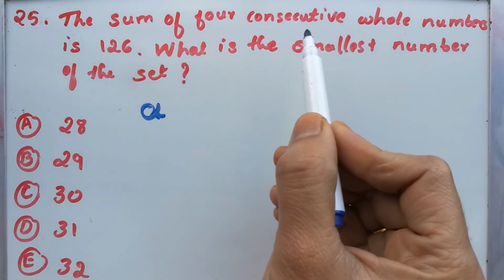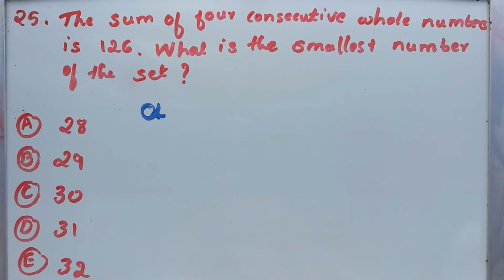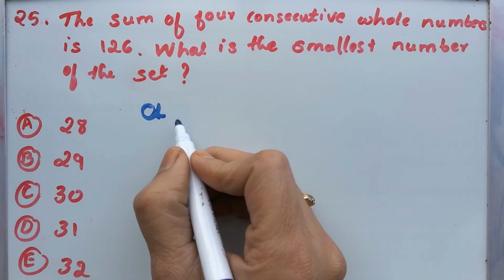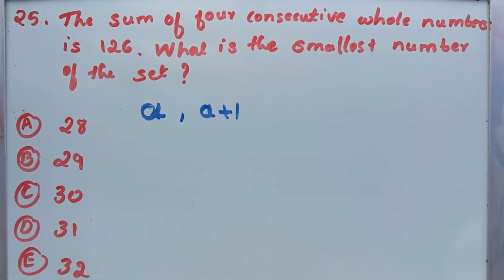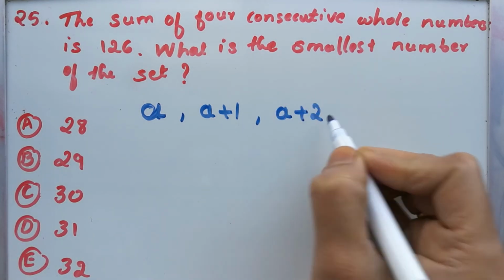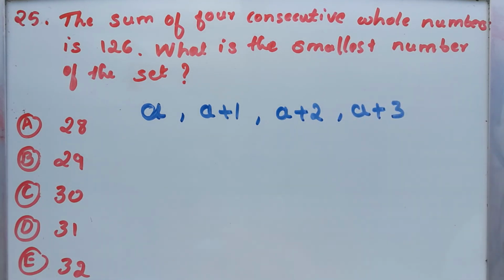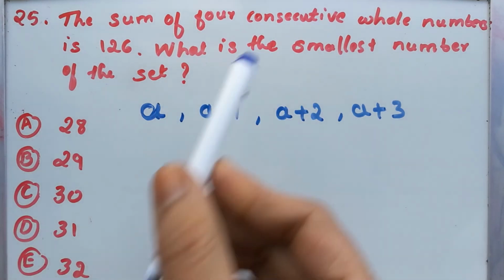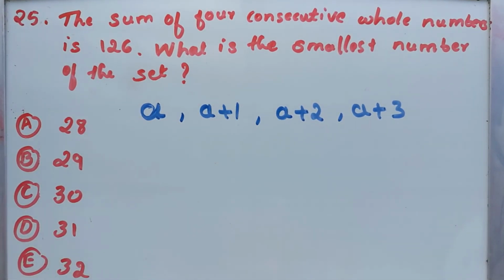Sum of 4 consecutive numbers. Consecutive numbers means the immediate number. So after a, the next number is a plus 1. Next number a plus 2. Next number a plus 3. This is the first number, second, third, fourth.